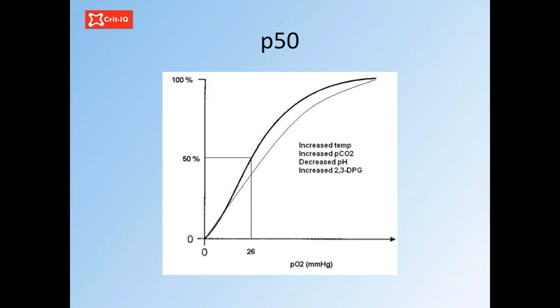It is also influenced by the metabolic activity of the red blood cell, via the production of 2,3-DPG. Shifting the curve to the right results in enhanced offloading of oxygen at the tissue level. The normal positioning of the oxygen-haemoglobin dissociation curve is defined by a P50 of 26 mm of mercury.